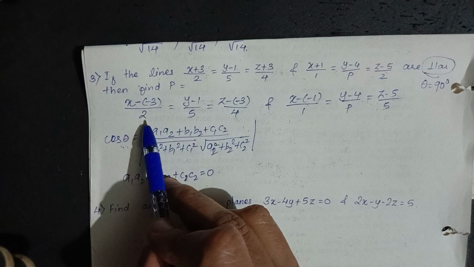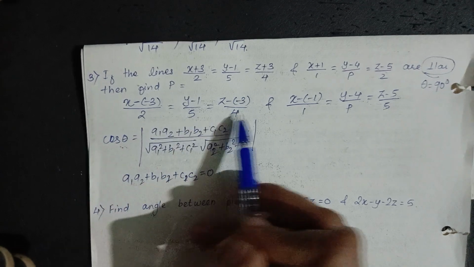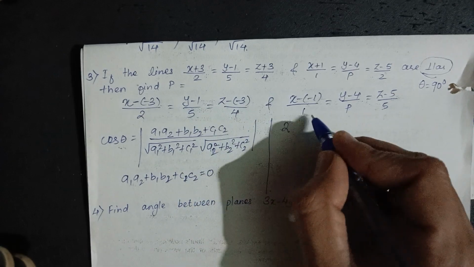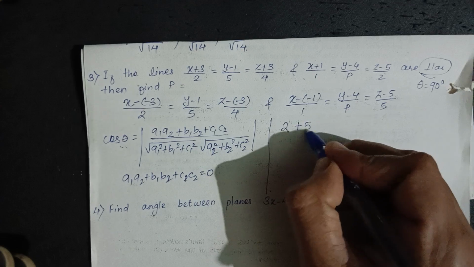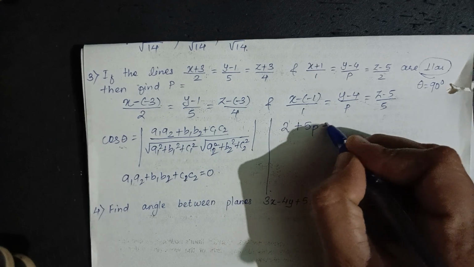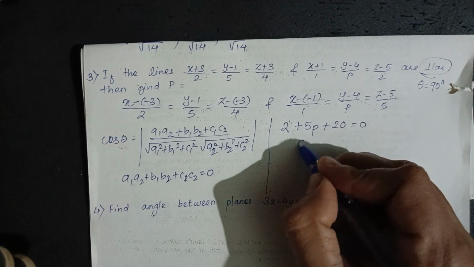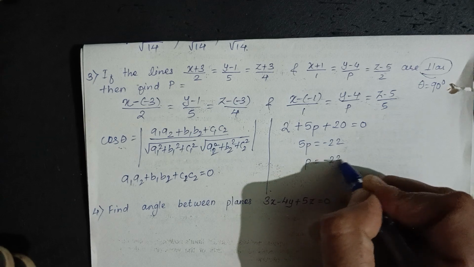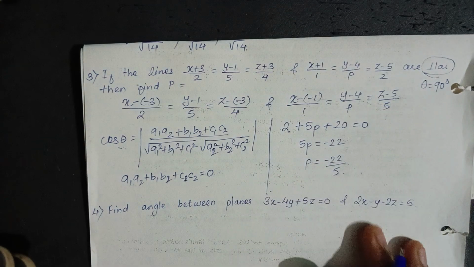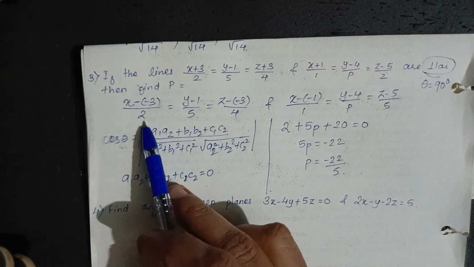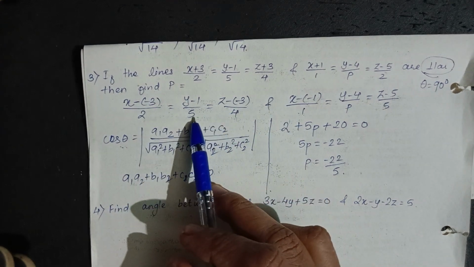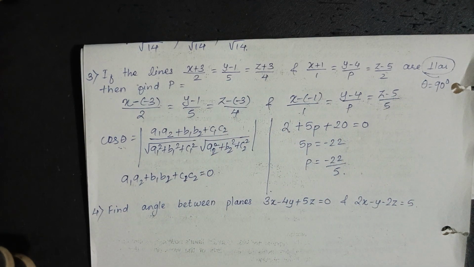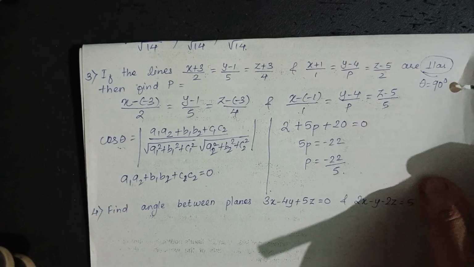This is our a1 b1 c1, a2 b2 c2. So 2 into 1 plus 5p plus 20 is equal to 0. So this is 5p plus 22 equal to 0, and P is minus 22 upon 5. Okay.